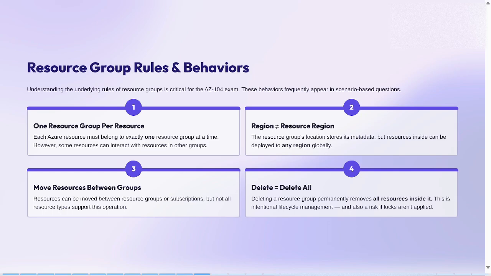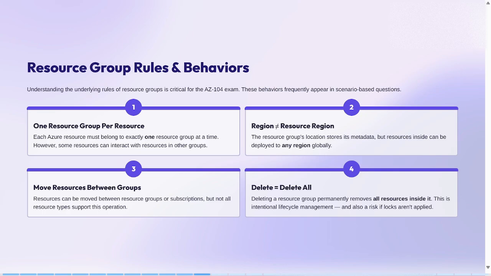So all these things will be allowed. So you can think, wherever the resource group is, in whichever region you have created, that does not mean all resources should be in the same region. Resources can be in different regions, that will be allowed.